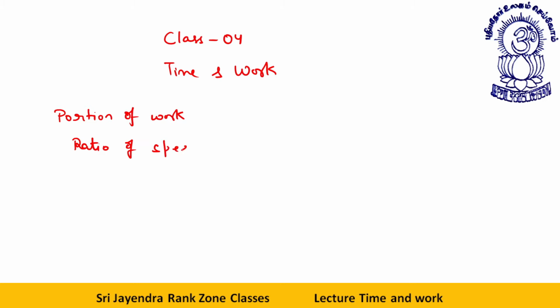These will be the questions we will be doing today. There might be too many questions. If I finish this topic in one class, it will be good. Otherwise, we'll take one more class.